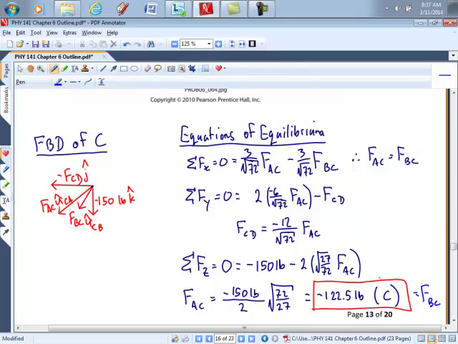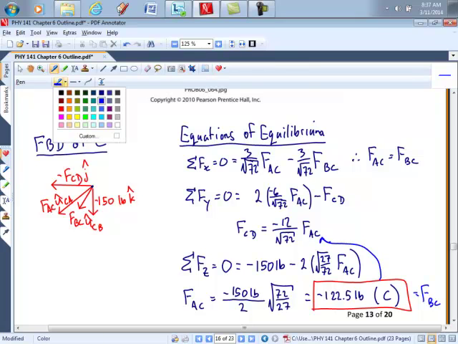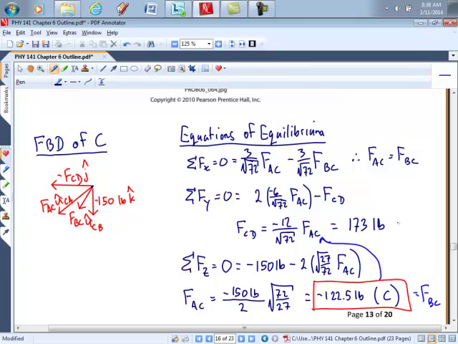Okay, and from this, we go back up to here and we can solve for FCD. So negative 12 over root 72 times negative 122.5. 173 pounds. And it's positive, so that means that one's going to be in tension.